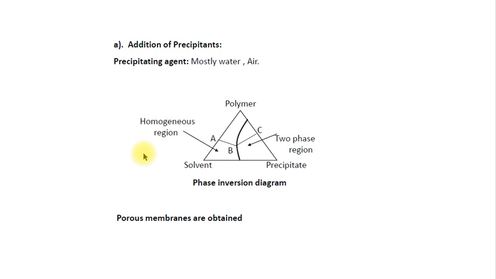Suppose you are making a polyvinyl alcohol membrane. Polyvinyl alcohol is a water soluble polymer. So you take the water, you put the polyvinyl alcohol in the water, and you create a solution of polyvinyl alcohol. Then cast the polyvinyl alcohol membrane on a glass surface. Then use the precipitant.